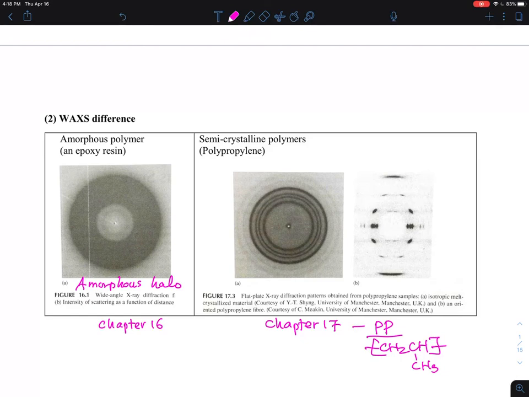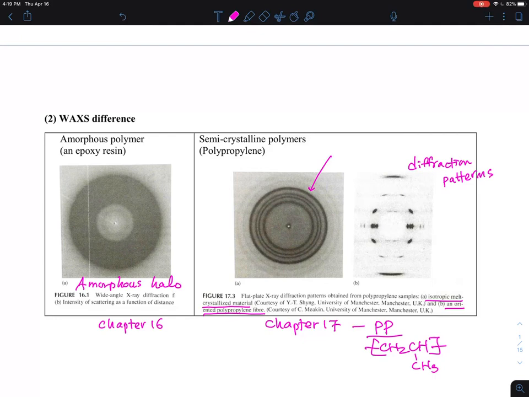And as you can see, there is a sharp band here. There are many bands, and A is what we call the isotropic melt, because you have a lot of crystals with various orientations, and B is an oriented polypropylene fiber. So PP can be oriented, the crystal can be oriented with the drawing direction, and you start to see more of what they call diffraction peaks, diffraction patterns, using two-dimensional detectors.